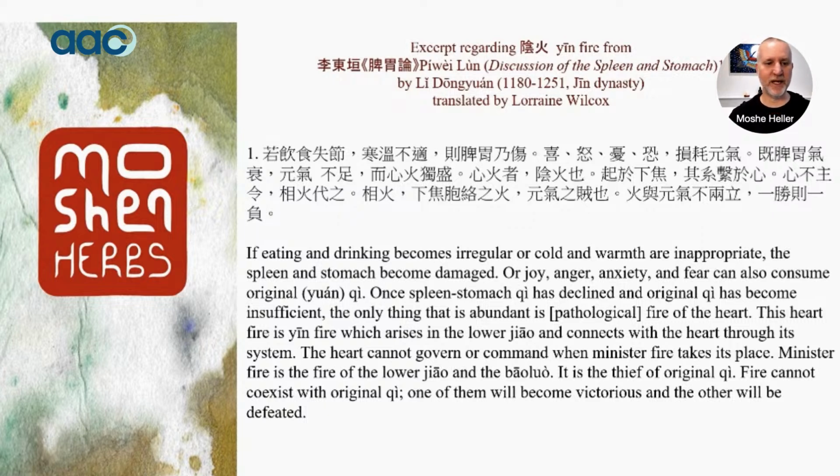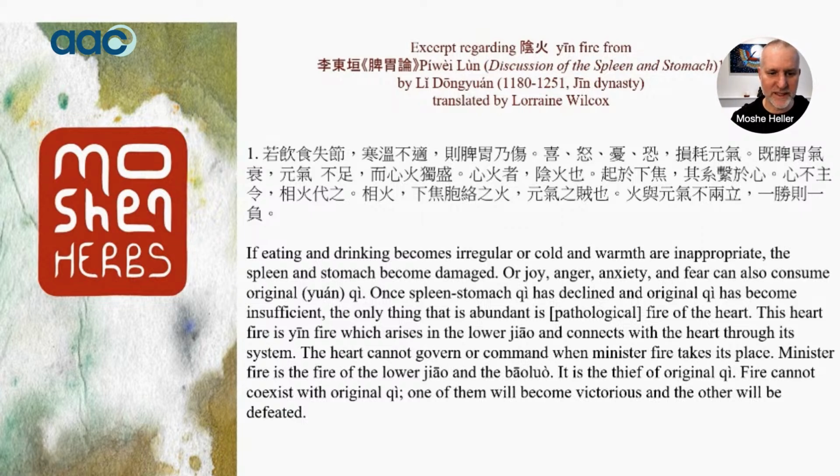It becomes this kind of yuan qi, and it is associated with the lower jiao, so it's connected also with some of the kidney qi. It stems from the lower jiao and goes up to the upper jiao. So that's the yuan qi that we're talking about in this case.